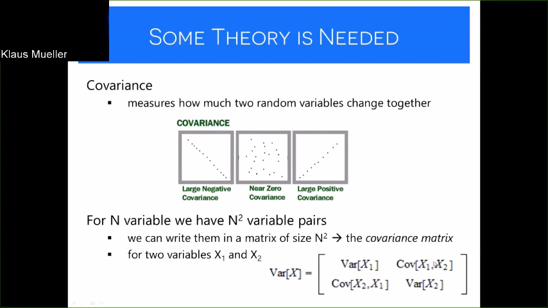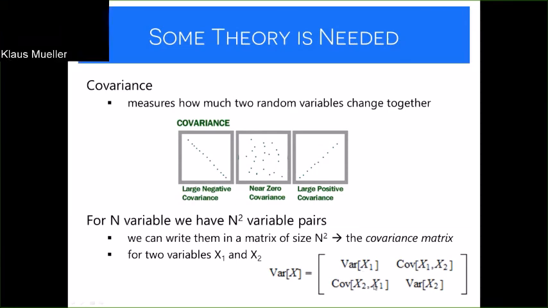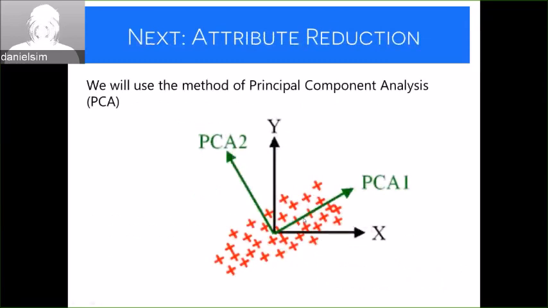This is the covariance of attribute 1 with attribute 2, and this is really the same as the covariance of attribute 2 with 1, because it's the same pair of attributes, just flipped. And along the diagonal is the variance of the attribute with itself, just one-dimensional variance. How much do the values fluctuate within one direction?